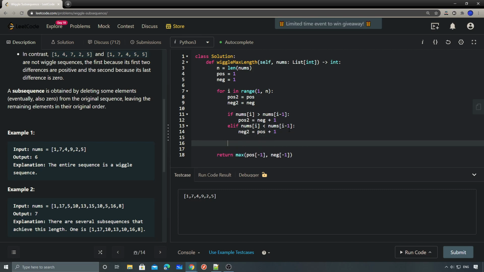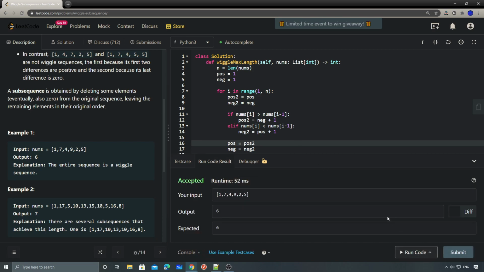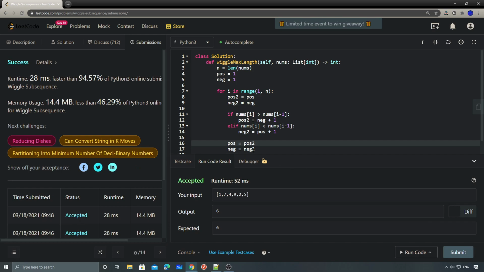In the end, we do pos equals pos 2, and neg equals neg 2. Finally, we simply return the biggest value between those two values. Yeah, this should also work. So now the space complexity is O of 1.